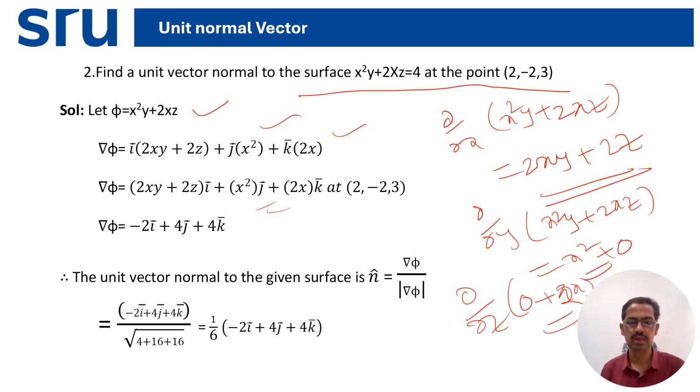At the given point this gives minus 2i plus 4j plus 4k. The unit vector normal to the surface is n cap equal to del phi by modulus of del phi. That's all. This is the unit vector normal to the surface.